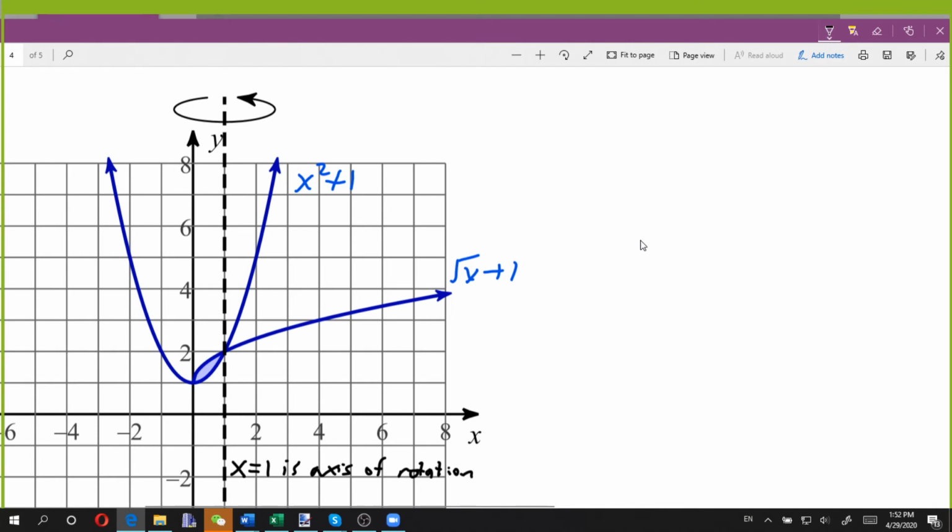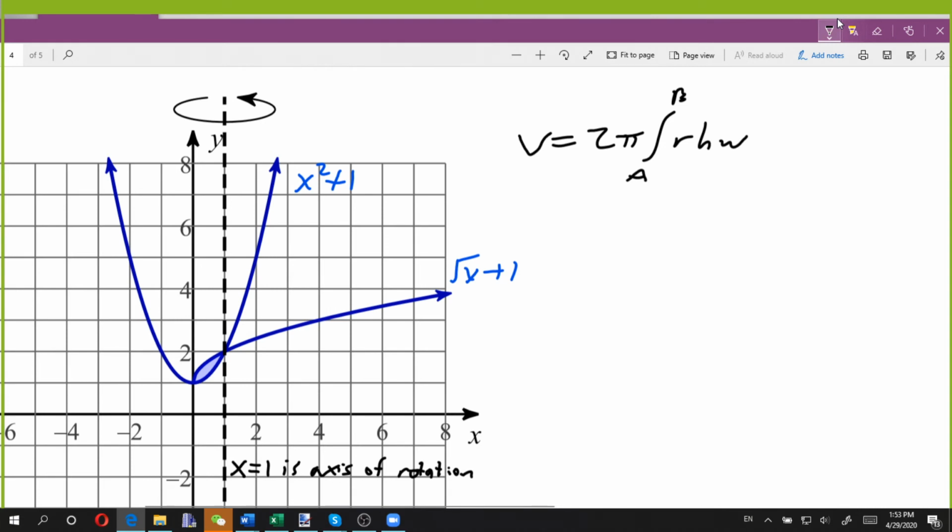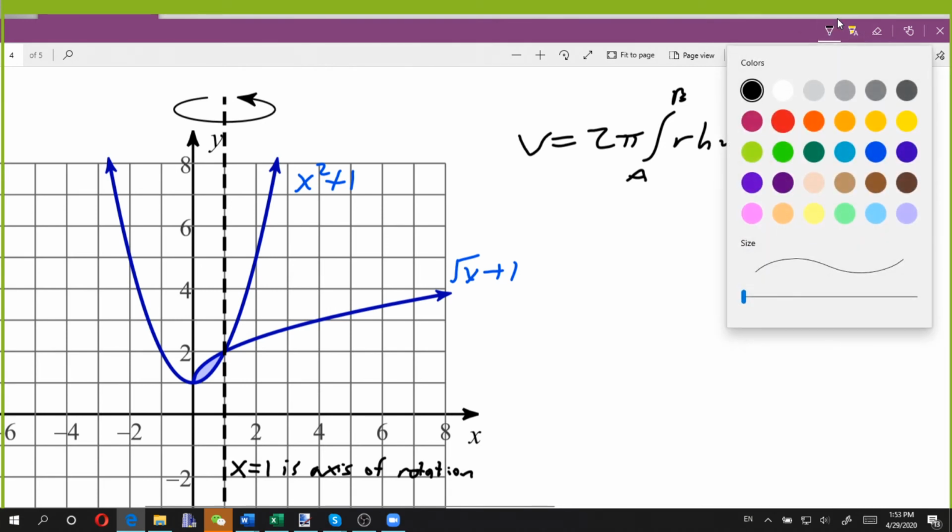So for shell method, our general form is: our volume is equal to 2 pi times the integral of RHW from a to b. So that means I need a radius, a height, and a width. So I'm going to drop a line.